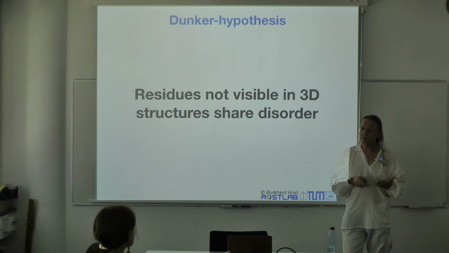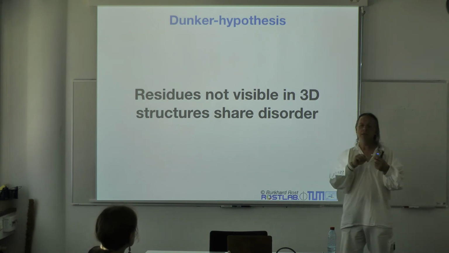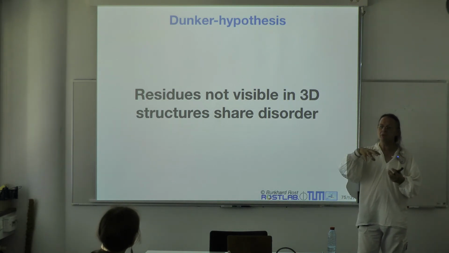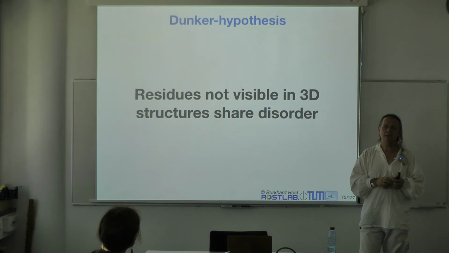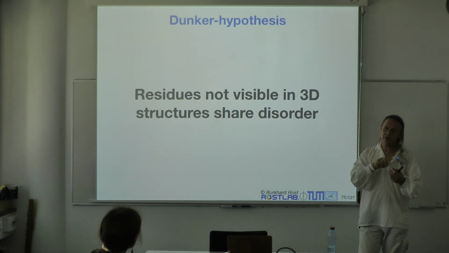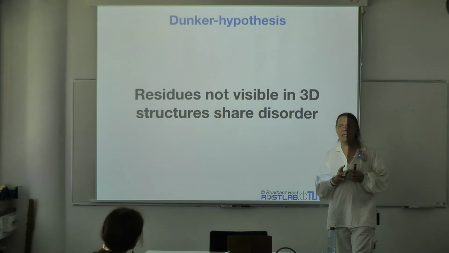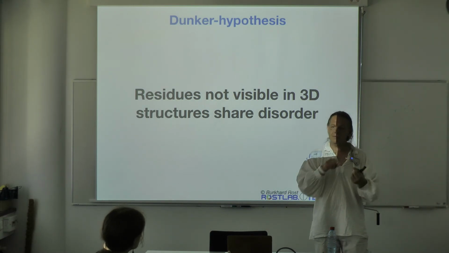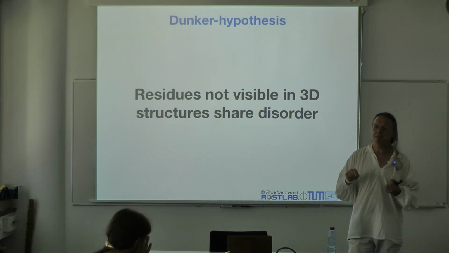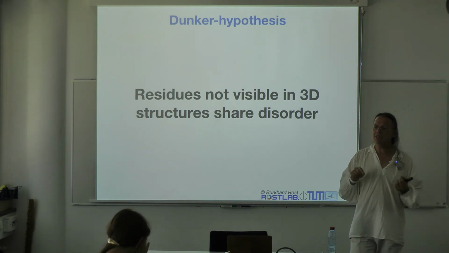So when you do X-ray crystallography, you have many copies of the same protein in the crystal lattice, and you have a diffraction of the X-ray beam, and a clear signal comes only when all of them have the particular residue in the same place. Then it's a coordinated scattering.